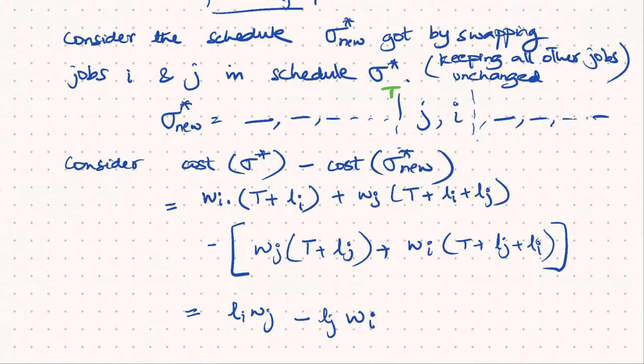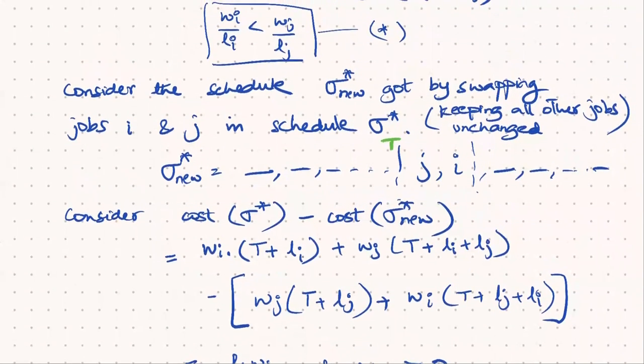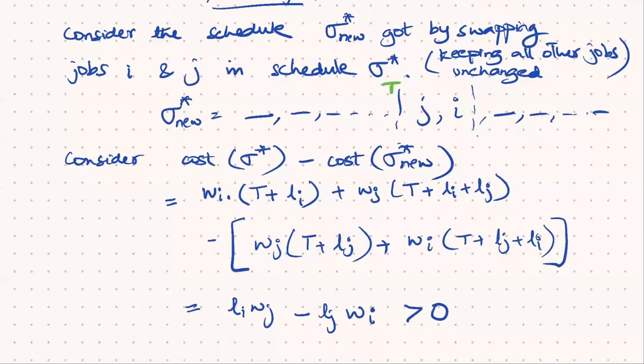Everything else will cancel out. And this term turns out to be greater than 0. Why is that? Well, it's simply coming back to this star expression: W_i L_j is less than W_j L_i.